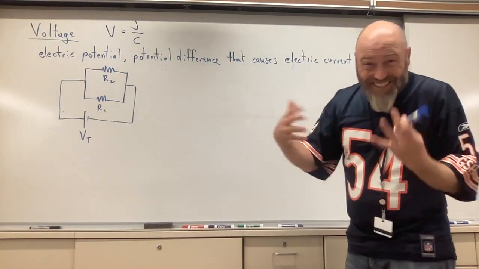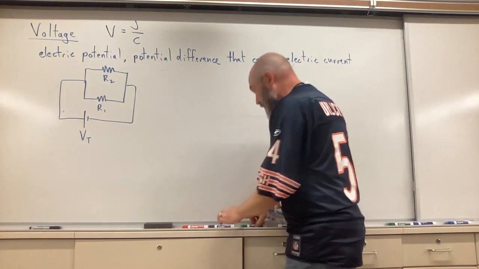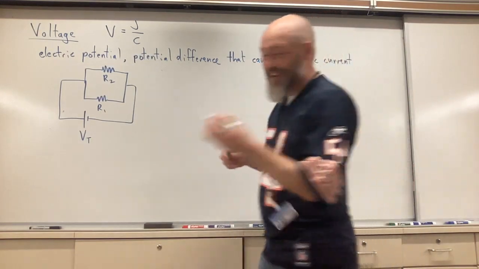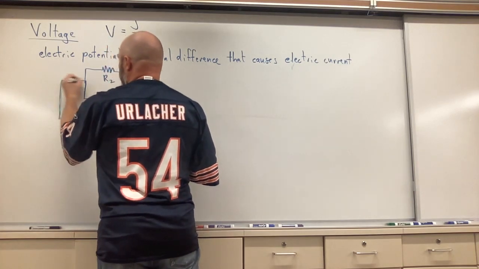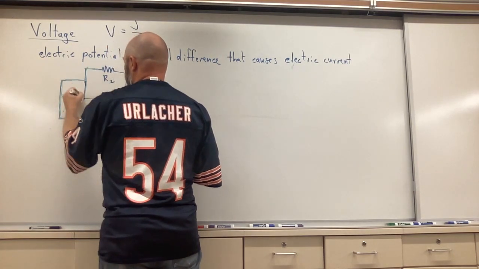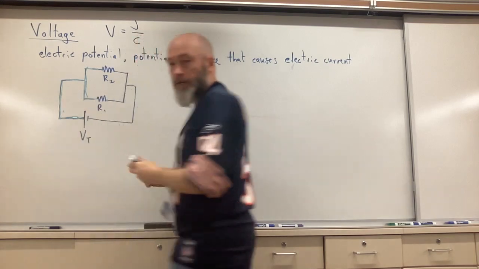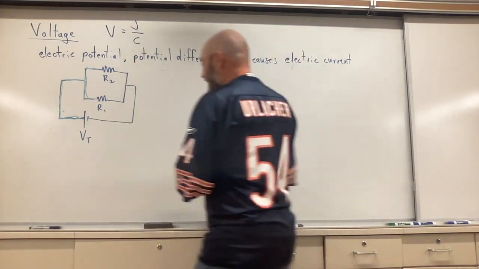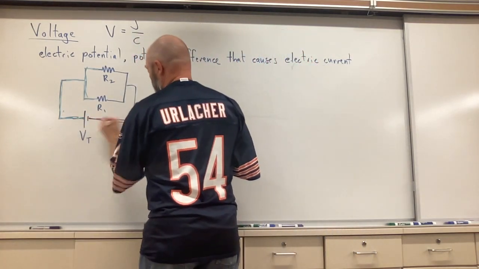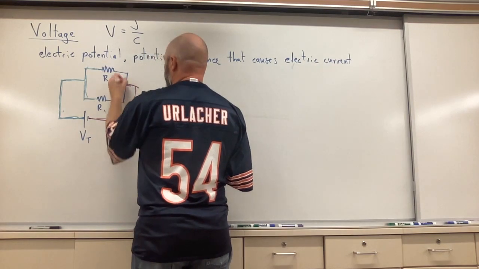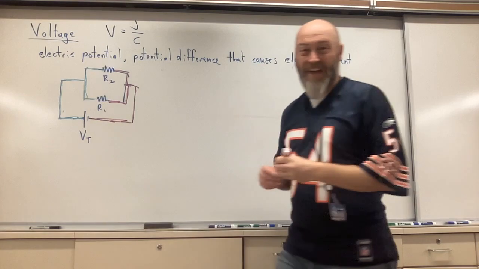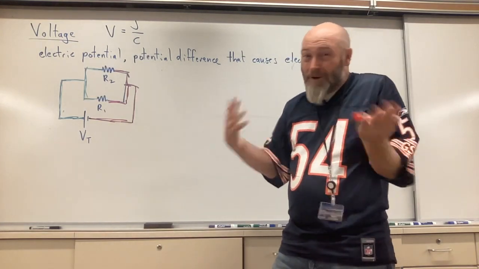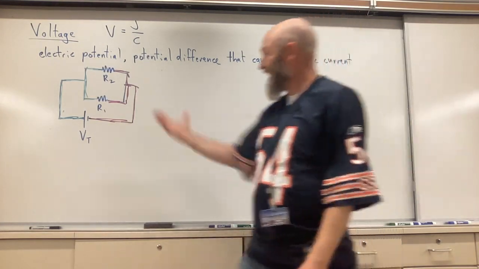So again, let's use our colors to show the different equal potential lines. In this case, here's my green. Green is my high equal potential line because it touches the positive side of my battery. This is my red. This is my low equal potential line because it touches the negative side of my battery. And you'll notice there is no intermediate for this one, because it's a different circuit.